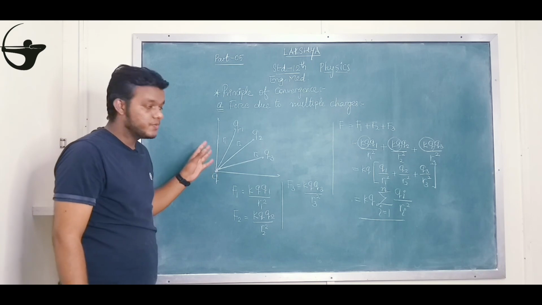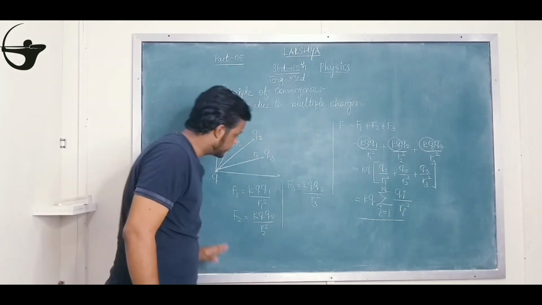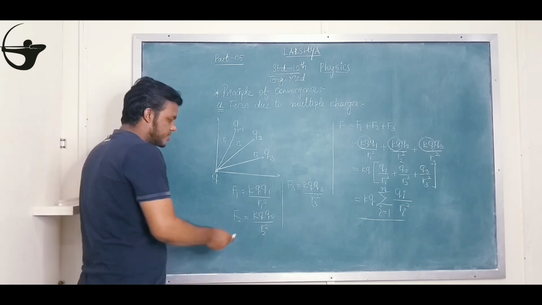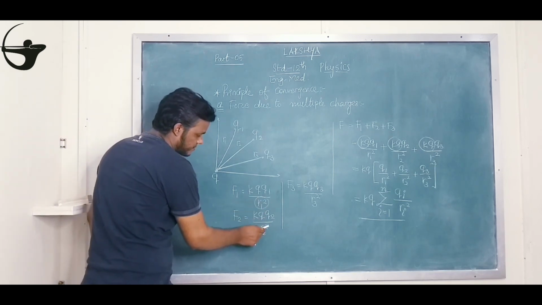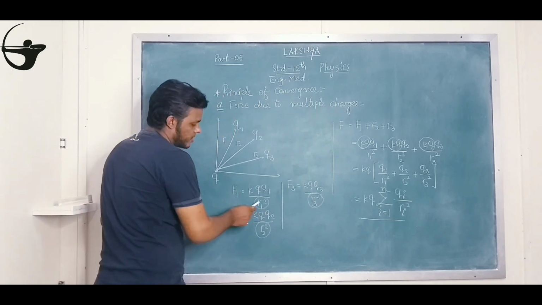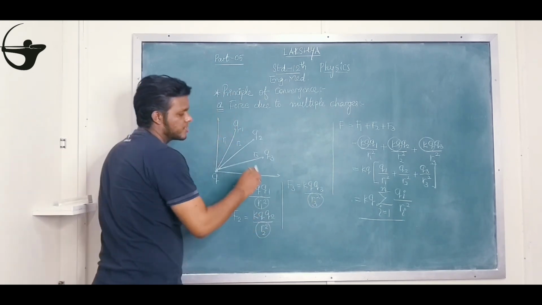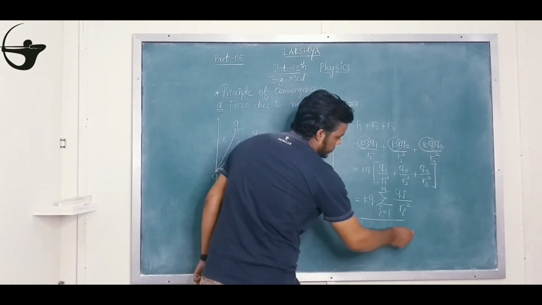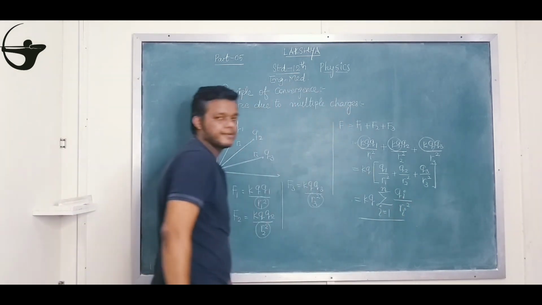If you want to write this whole calculation in vector form, then you just have to change the distance. What will come in the place of distance? Position vectors or the distance vectors, and you just have to put Ri caret here.